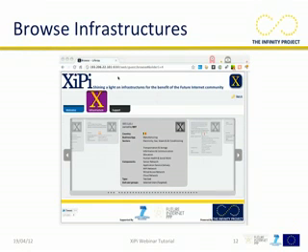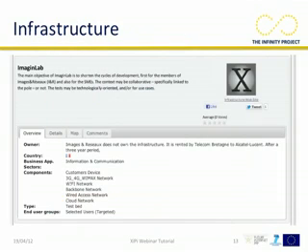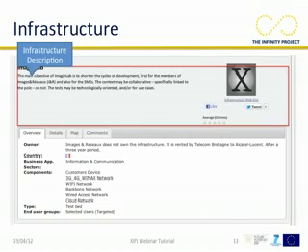Also, we have a visual catalog of the infrastructures that enables you to browse through the summaries of the infrastructure very quickly, and then pick one and go to the infrastructure information. The infrastructure information is divided into different sections.